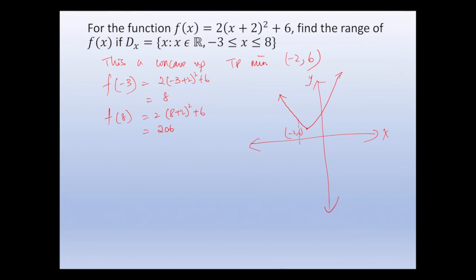So therefore, let's have a look at the domain. The domain is from minus 3, let's call this point minus 3, and this point is 8. Alright? So you know the range goes from the minimum point up to here, which is 206.